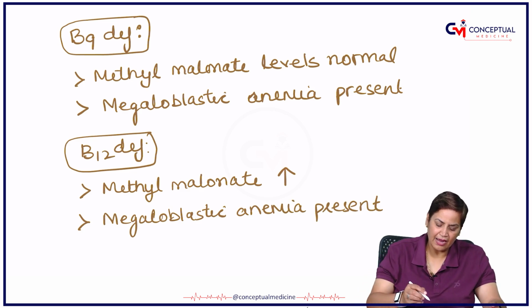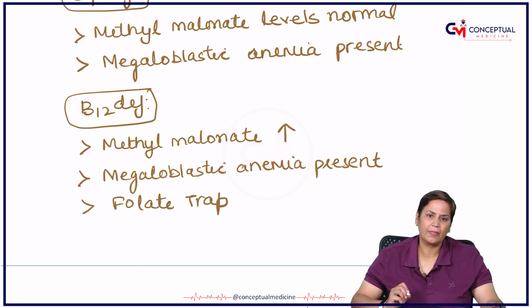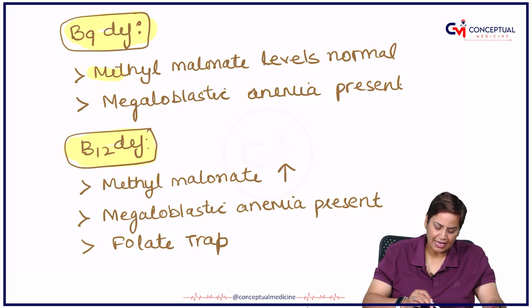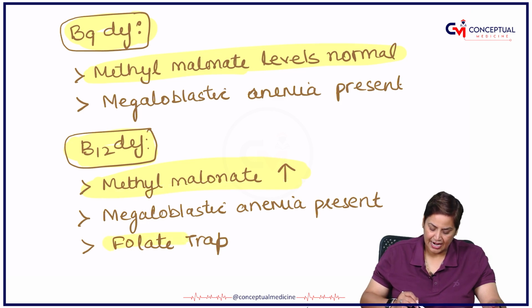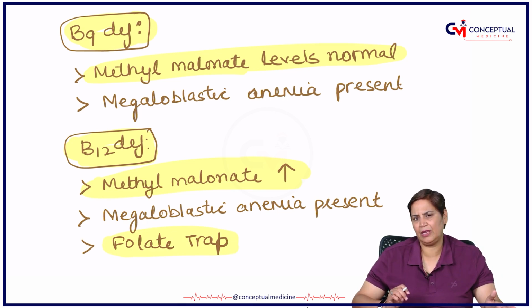So this is how we have to differentiate, and the third important point here will be folate trap. This is the major difference between B9 deficiency and B12 deficiency. Methyl malonate levels are normal in B9, and here methyl malonate levels increase and it leads to folate trap. Understanding the concept of folate trap is very important, because if B12 is deficient, B9 will keep on donating its methyl group and the rest of the reactions are going to suffer. And this is a very important one.